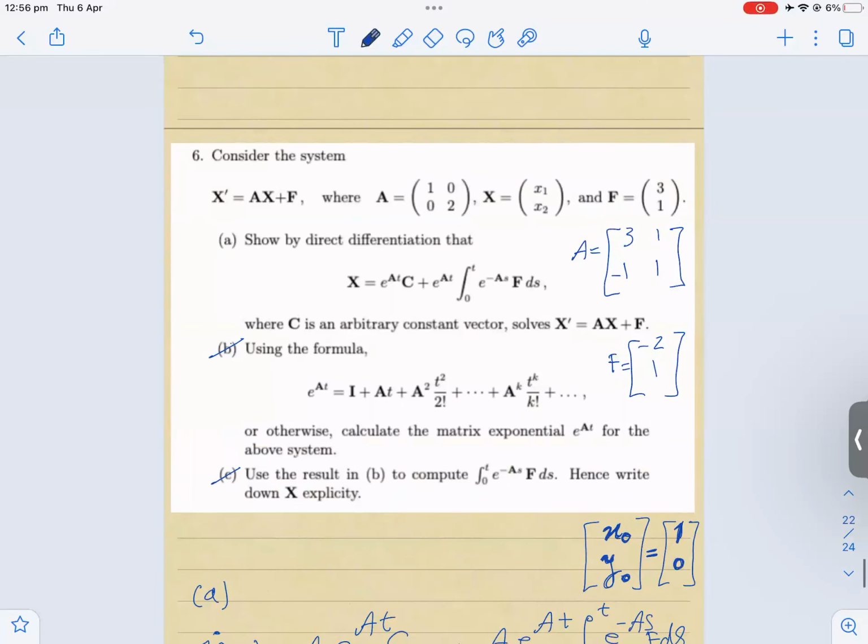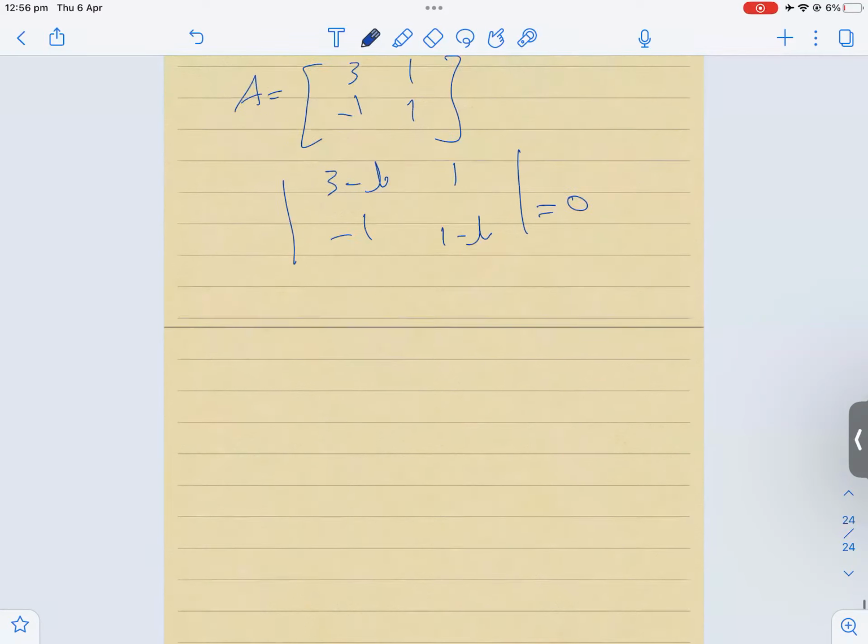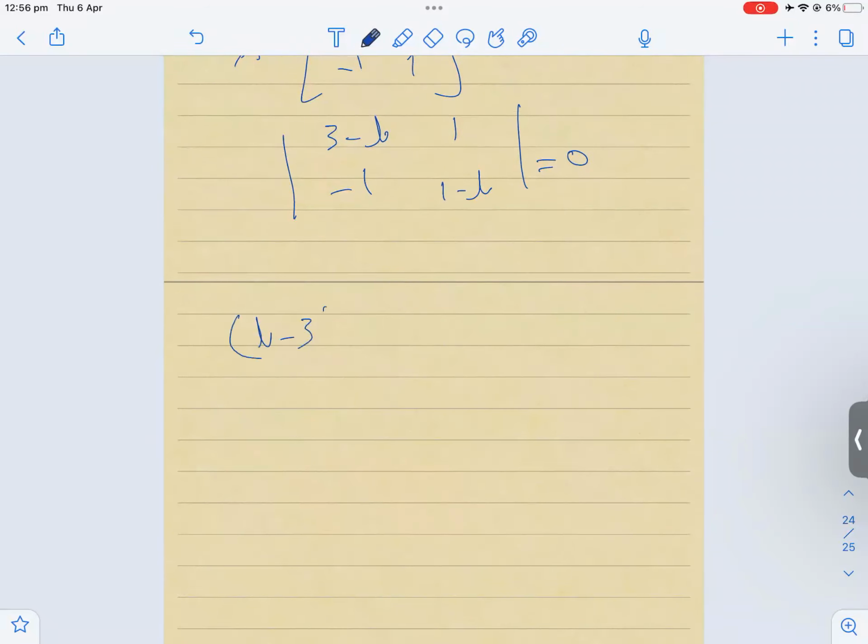What's A? This one: 3, 1, minus 1, 1. So 3 minus lambda, 1 minus lambda, 1, minus 1. So (3 minus lambda)(1 minus lambda) plus 1 equals 0, lambda squared minus 4 lambda plus 3 plus 1, which is plus 4.